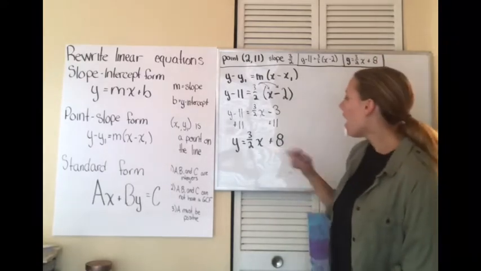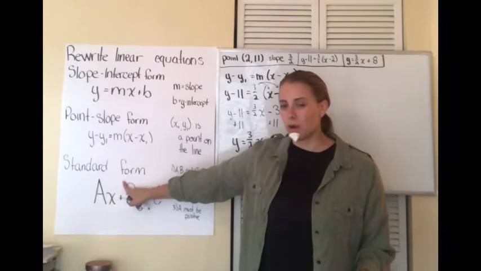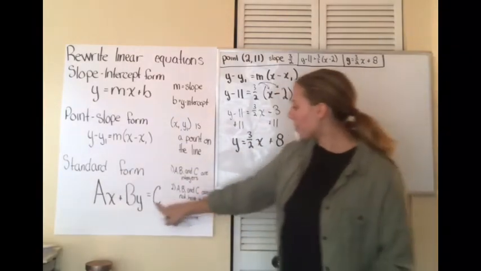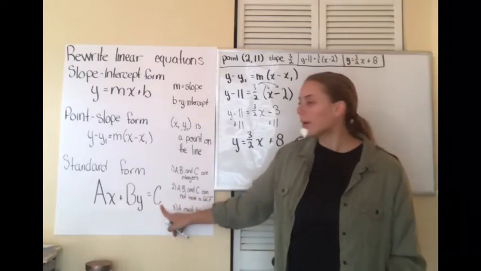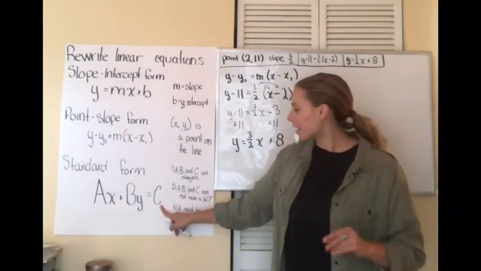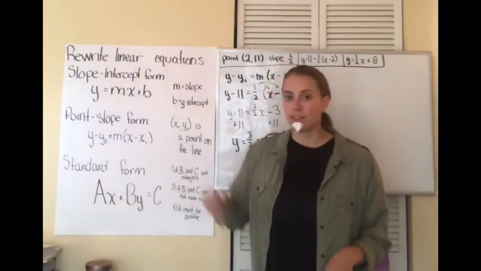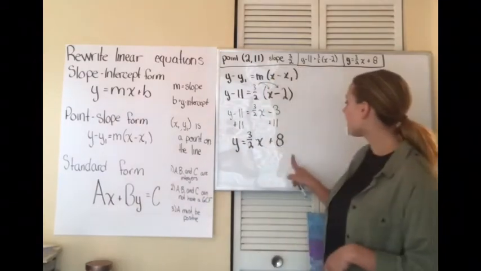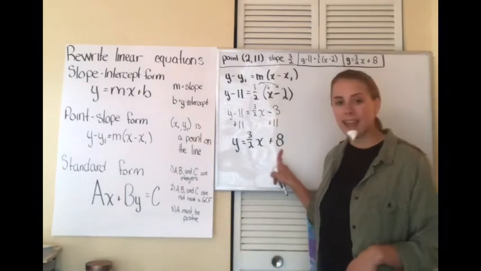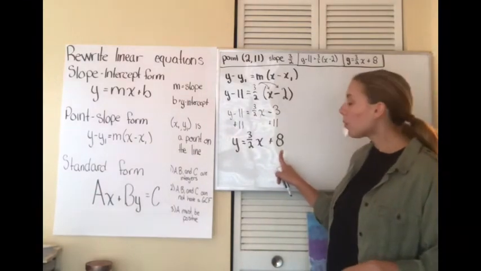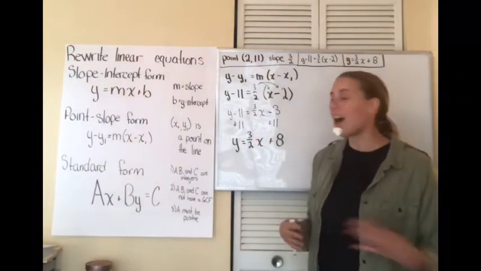Now from here, I'm going to go into standard form. Now in my standard form, the part that's by itself is the constant. It's the number that is not connected to one of my variables. In this case, my number that's not connected is this 8. So if I want this 8 by itself, I'm going to subtract anything that is not the 8.